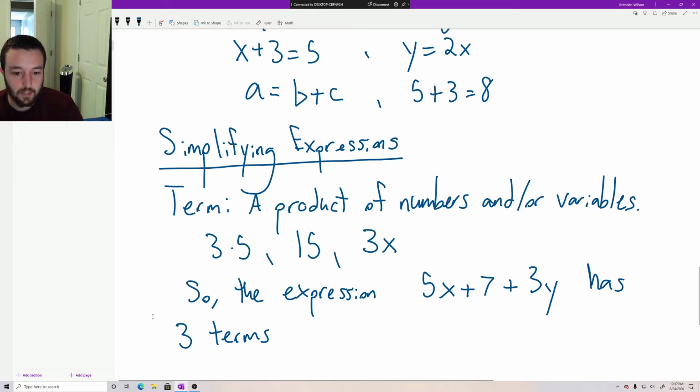So another way we could define an expression is a combination of terms with the operation symbols, specifically addition and subtraction. Because multiplying two things together makes it one term. So an alternative definition of expression would be a combination of terms using addition and subtraction.